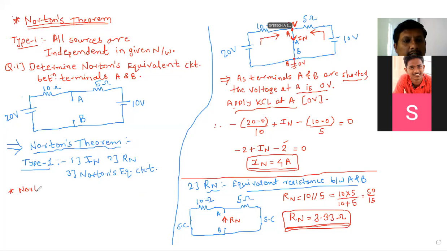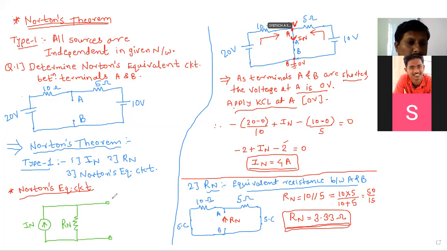Norton's equivalent circuit consists of a current source IN in parallel with resistance RN between the two terminals A and B. Between A and B there is no load resistor. Already it is open here, so keep it open as it is.